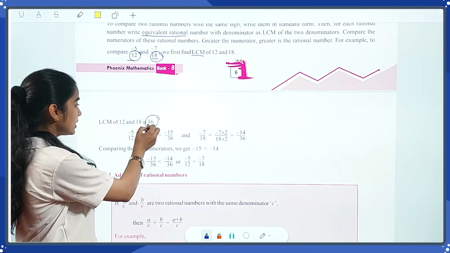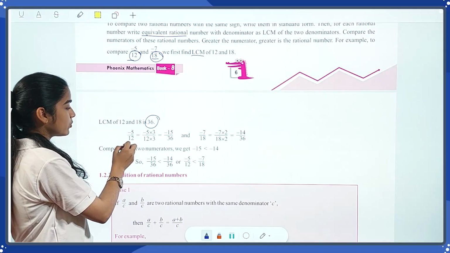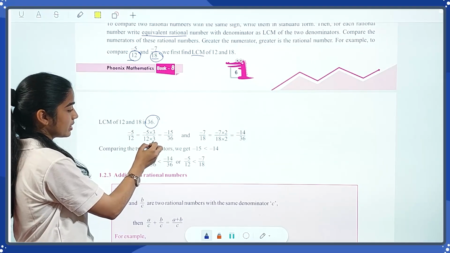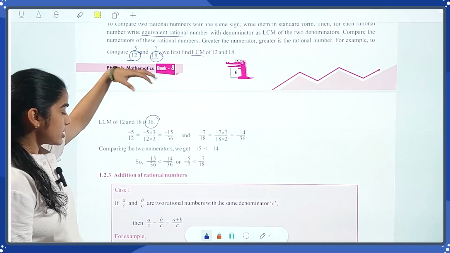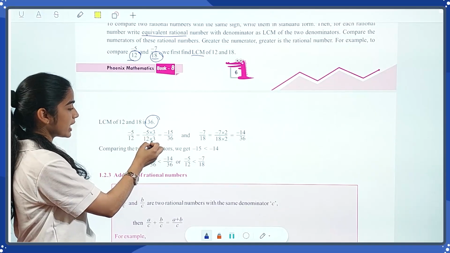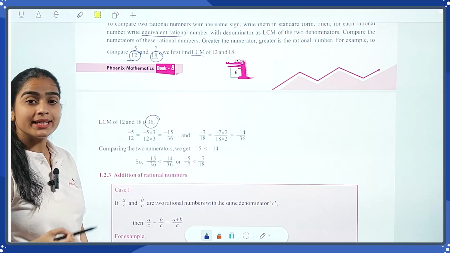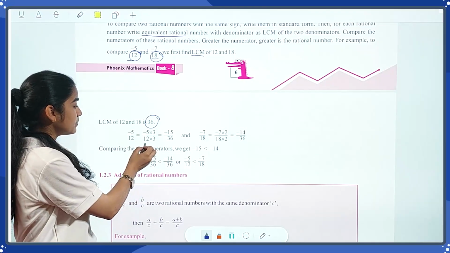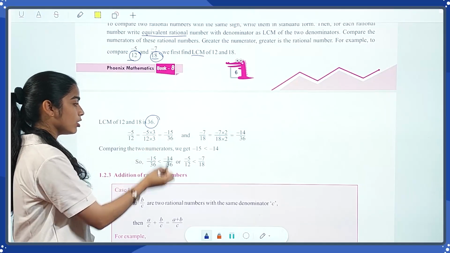It means 36 will be your new denominator. So by which number do you have to multiply 12 to get 36? It is 3. And the thing we learned in our previous concept is that if we do any multiplication or division with the denominator, the same we have to repeat with the numerator as well. So if we multiply 12 by 3, we have to multiply 5 by 3 also.